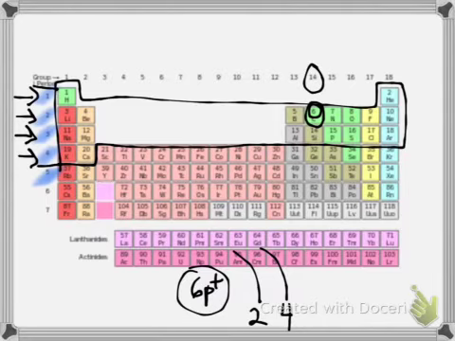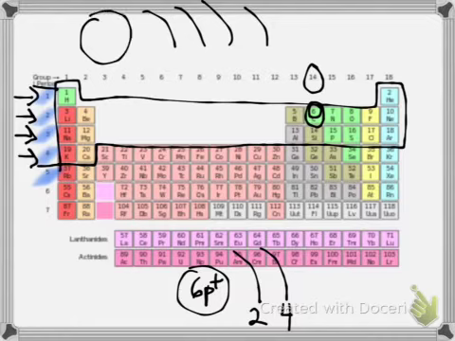Now some of you might be wondering how I got 2 and 4. What you need to remember is that the first energy level and so on have maximums in terms of how many electrons can be found inside. The first energy level always has a maximum of 2. The second energy level always will have a maximum of 8. The same goes for the third.